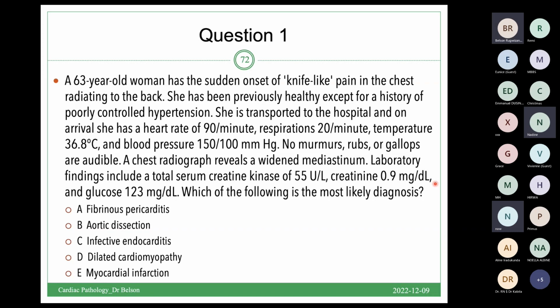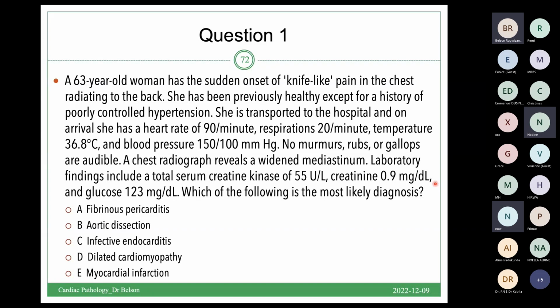She has been previously healthy, except for a history of poorly controlled hypertension. Okay, now, risk factors of something. She is transported to the hospital, and on arrival, she has a heart rate of 90 per minute. Of course, in an adult at rest normal is 72.